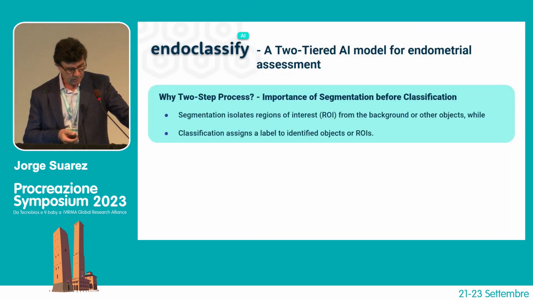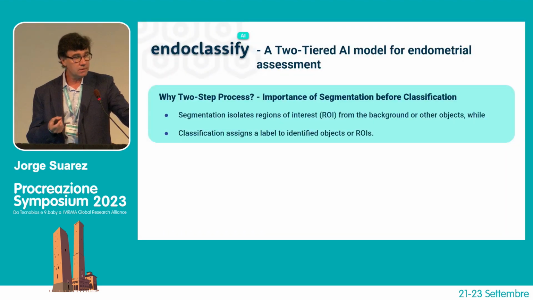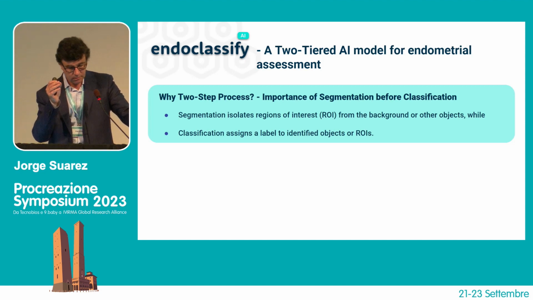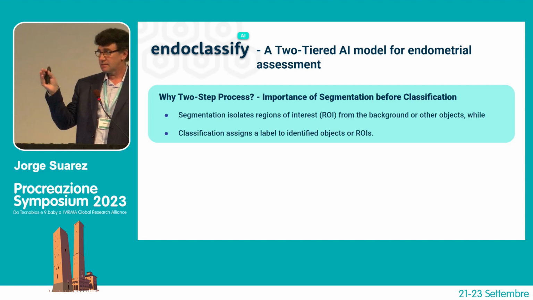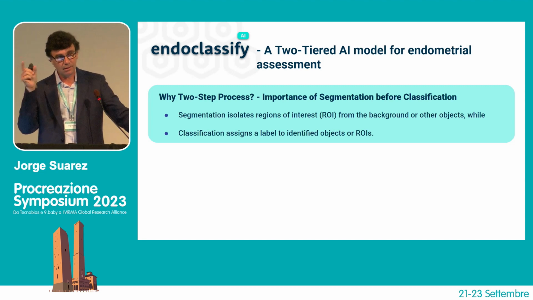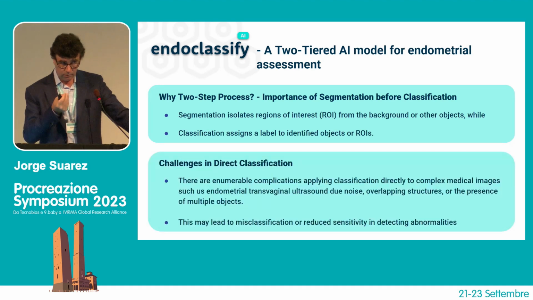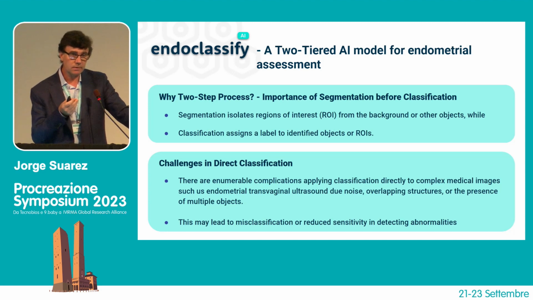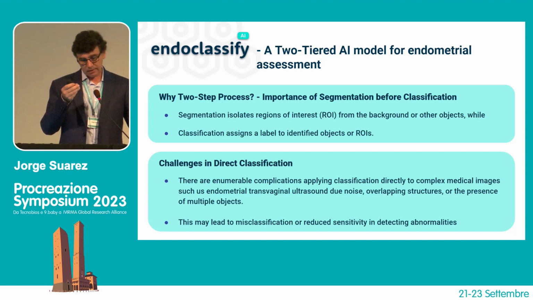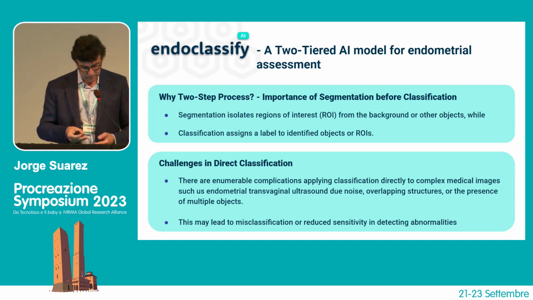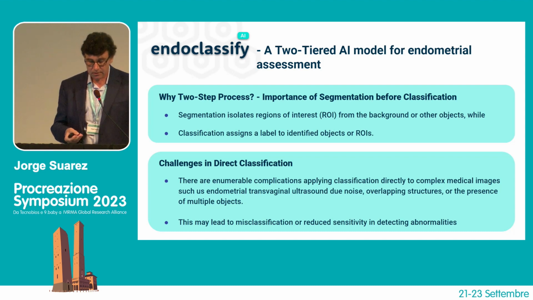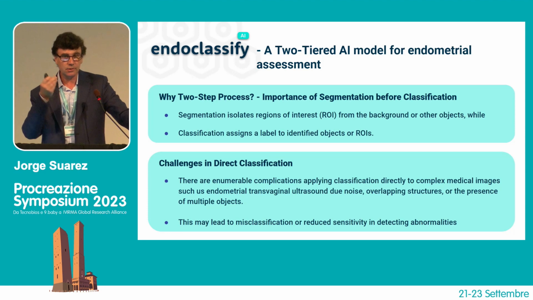Why 2 steps? As I said previously, the segmentation isolates the region of interest, and the next step, classification, labels this region of interest. If you do only classification, you may have problems such as misclassification or reduced sensitivity and accuracy.